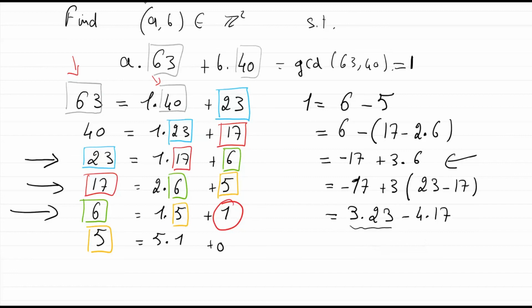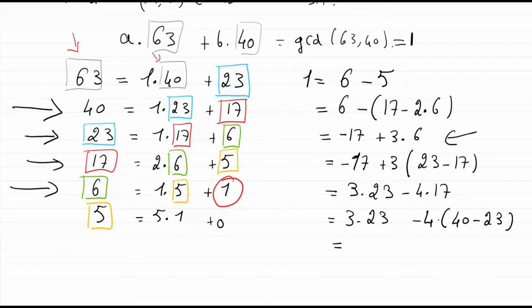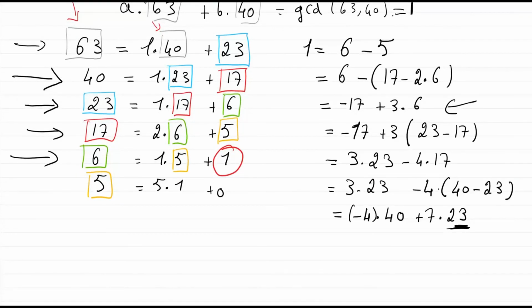Now we want to get rid of the 17 using the second line, so I write 17 as 40 minus 23, and this is then negative 4 times 40 plus 7 times 23. So far so good. That's negative 160, and that's 161. The sum is 1, as it should be. I use the first equation, and I write 23 as 63 minus 40.